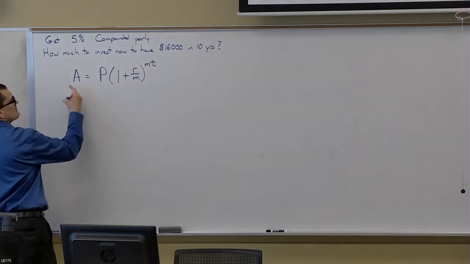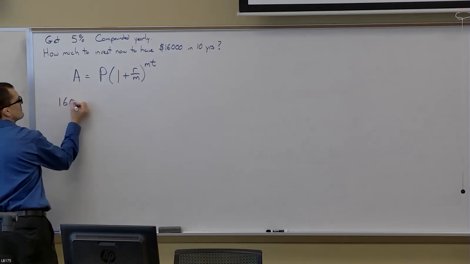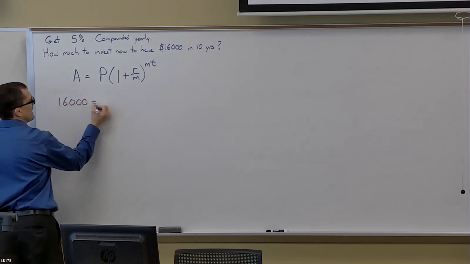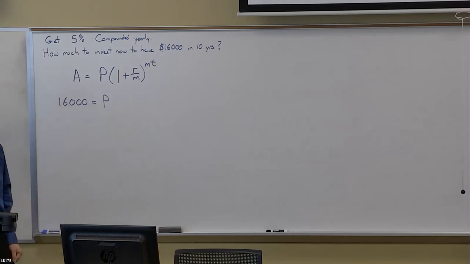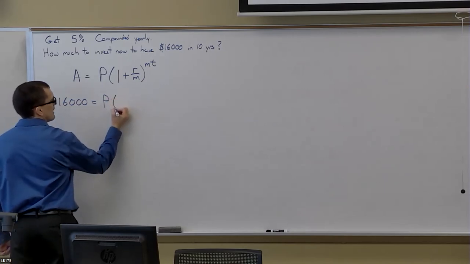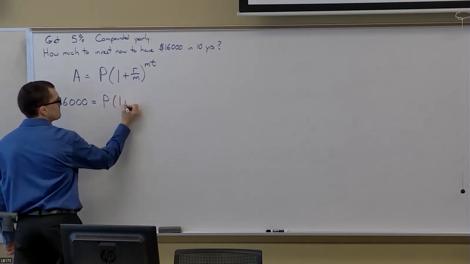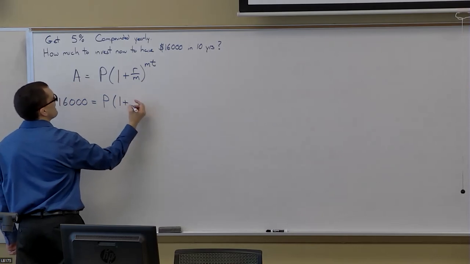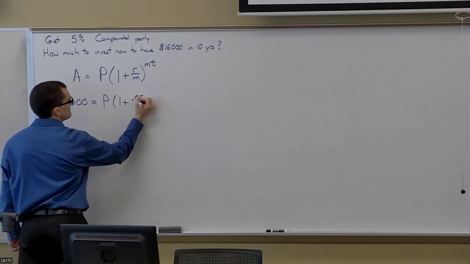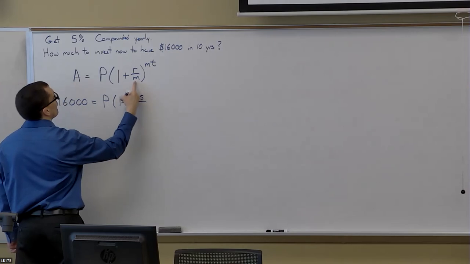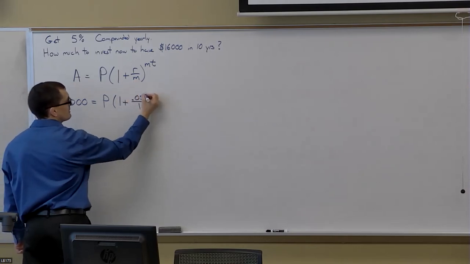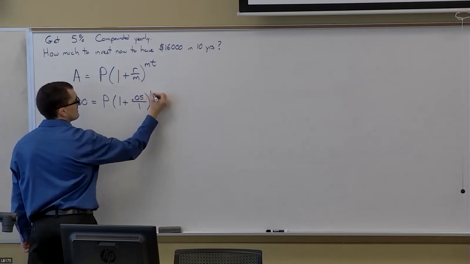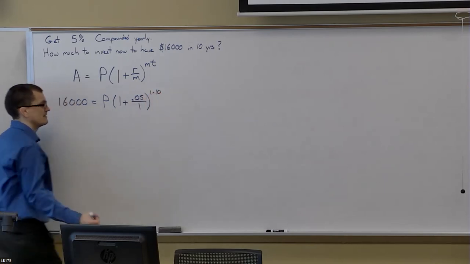We want 16,000, so that goes in for the A. The P is what I don't know yet, so I just leave it as P. My rate is 5% over an M of 1, because we're compounded yearly, and then that's 1 times 10.